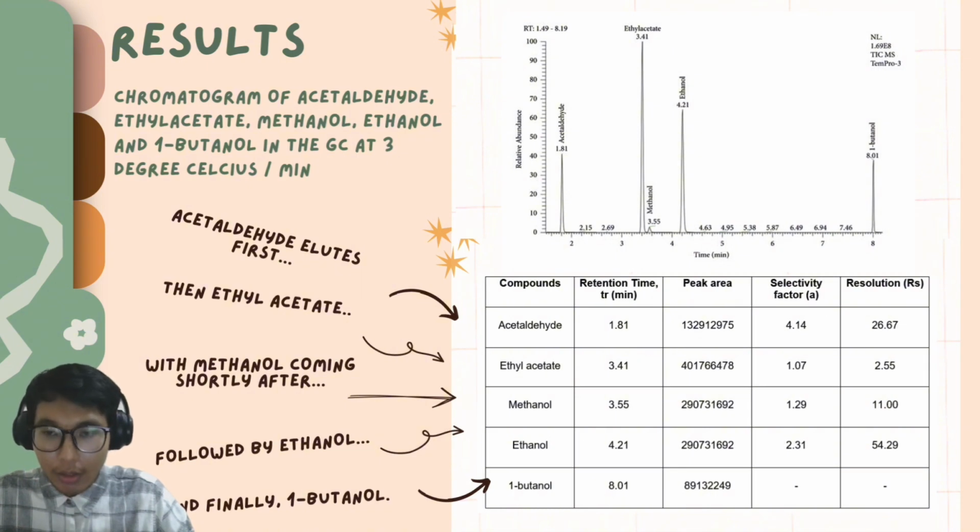Then it is followed by methanol, which is 3.55, and the peak shows that it has the lowest concentration of the other compounds. And then we have ethanol, which is 4.21, and then 1-butanol, which is 8.01, which shows that 1-butanol has a lower concentration than ethanol.